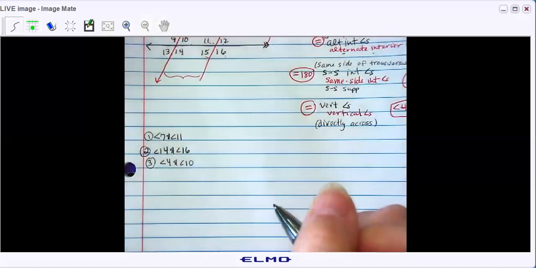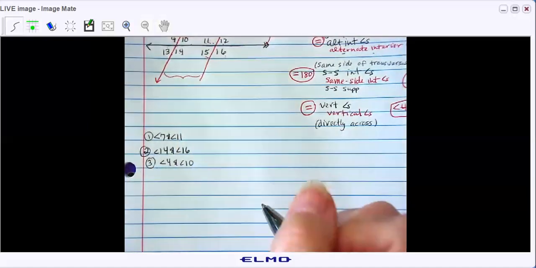Number 2, angles 14 and 16. Number 3 is angle 4 and angle 10. Number 4 is angle 3 and angle 6.